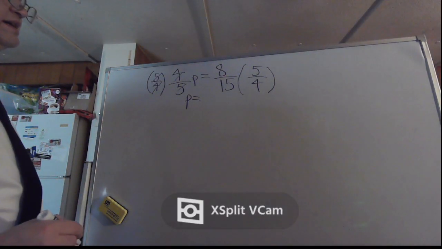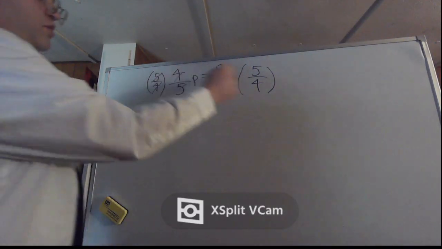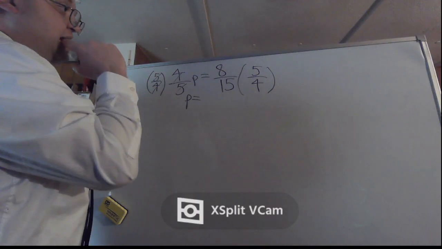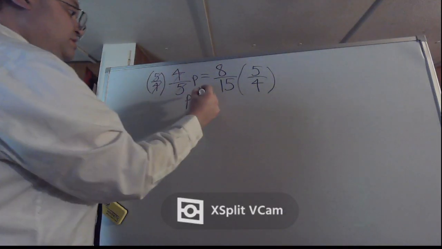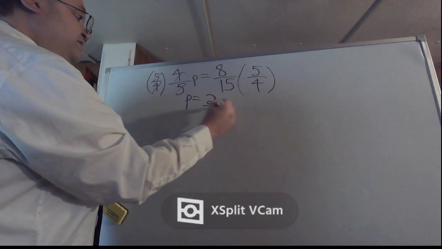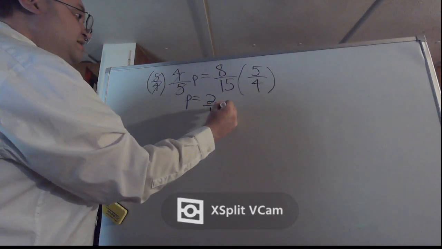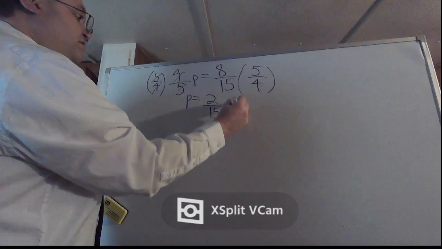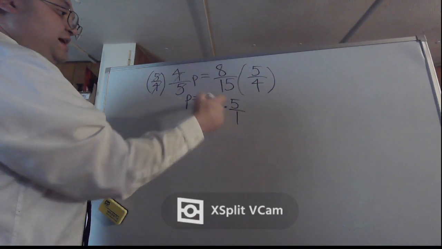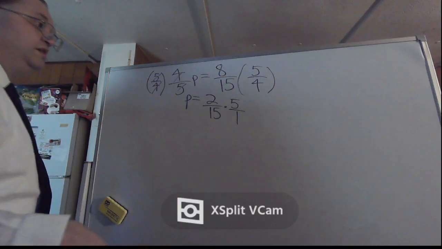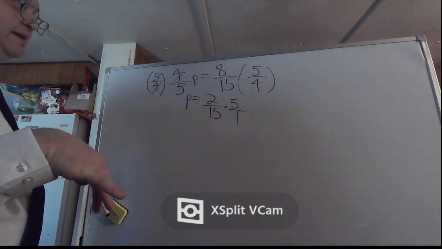Okay. Let's deal with the 8 and 4 first. 4 goes into 8 how many times? Twice. So you'll be left with 2/15 times 5 over 1. Because if you divide 8 by 4 and 4 by 4, you get 2 for that and 1 for that. So we've already simplified a little bit.